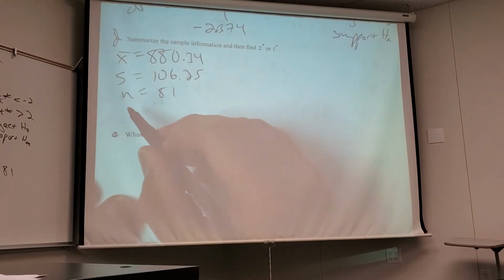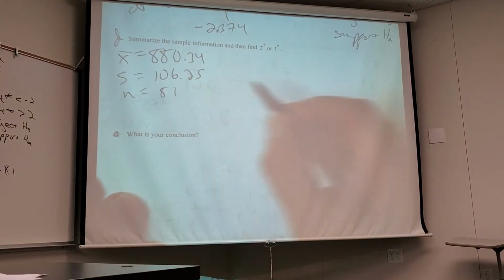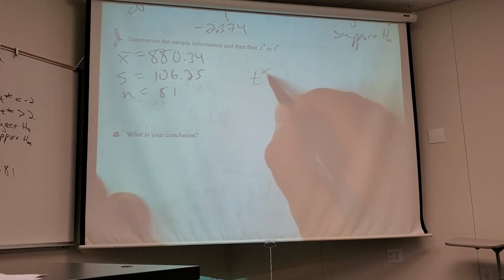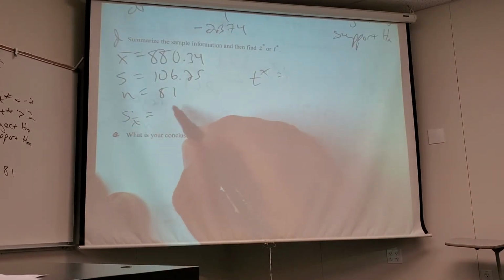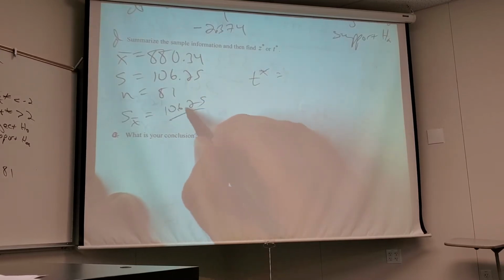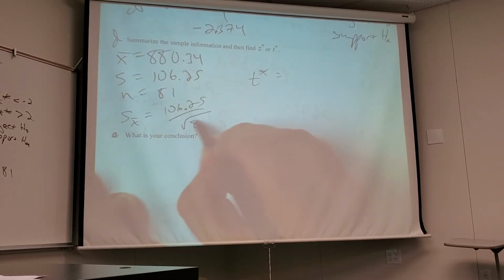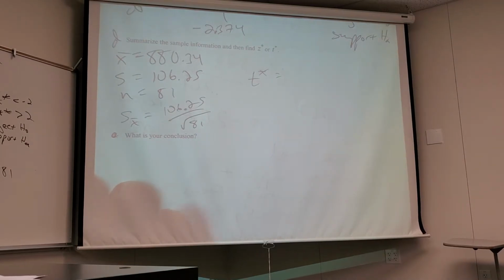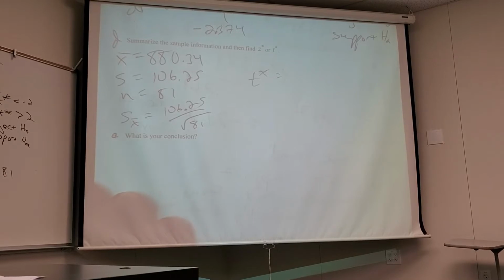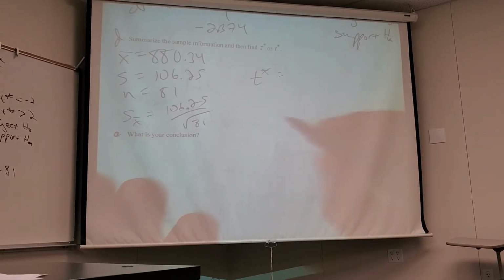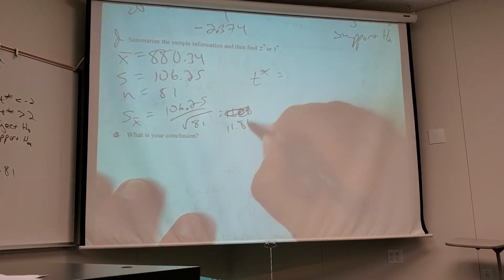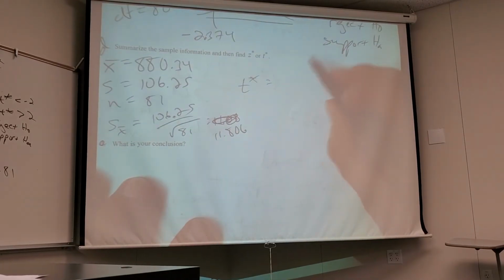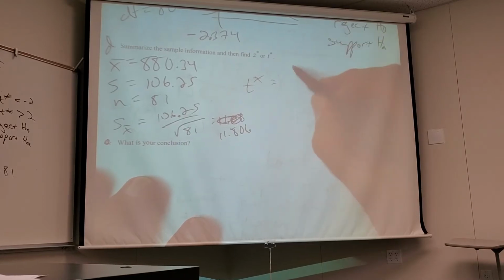So what do I do next down here, before I make my T star? You're going to choose the standard deviation. Which is 11.8, 11.806.